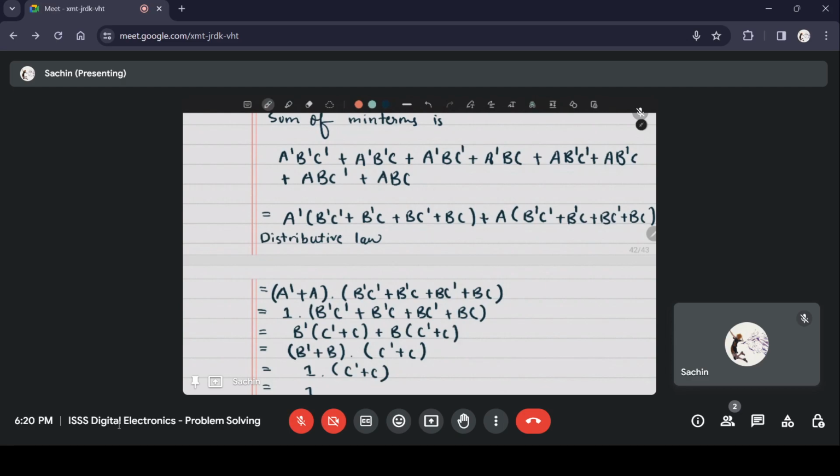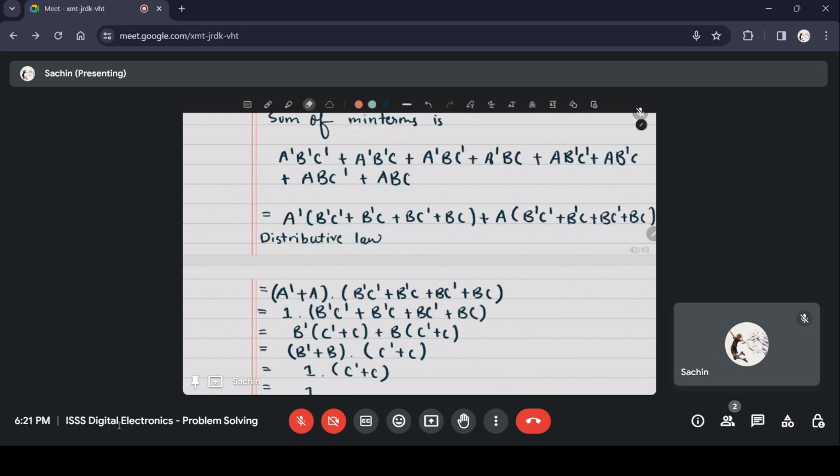Then you can use distributive law similar to this to write it as a prime plus a into the remaining terms. Now the terms remaining in the brackets will be the sum of all min terms in a lower order function.